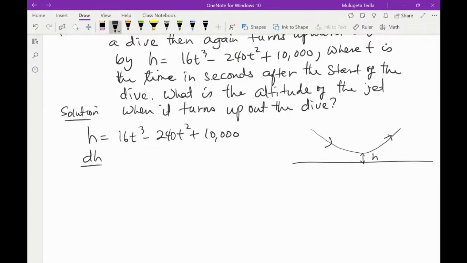I think dh by dt is what we're going to find first, which is equal to 48t squared minus 480t.